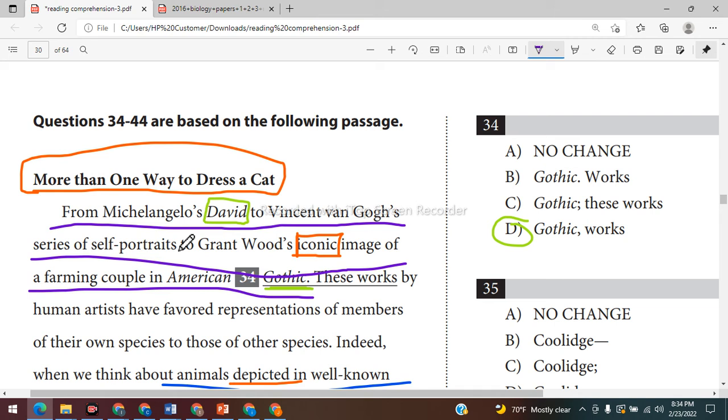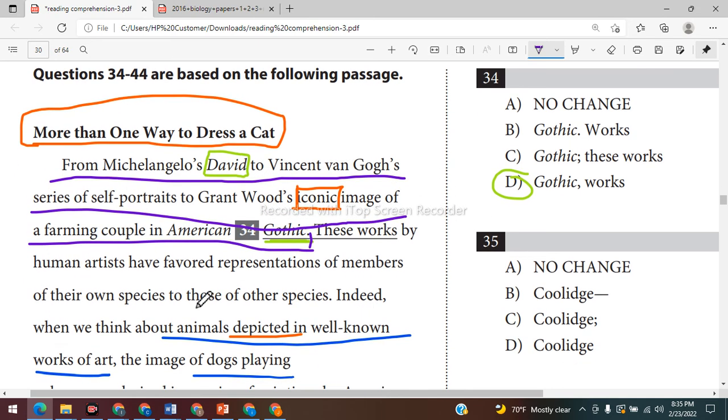So what? We haven't made a point. But we put a comma because it makes the point that these works by human artists have favored representations of members of their own species to those of other species. That's how I read it. Then you end with the period. So you definitely need a comma there.